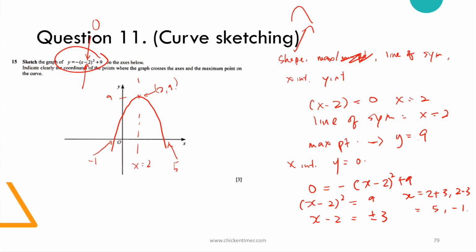Then we are short of something called the y-intercept. So y-intercept is when x equals 0. So y equals negative (0 minus 2) squared plus 9. So it's negative 4 plus 9, which is 5. So this point is 5.